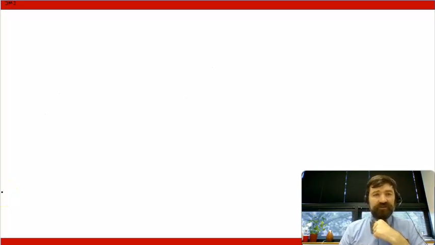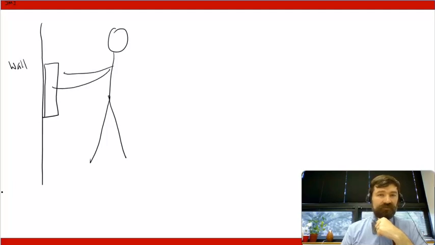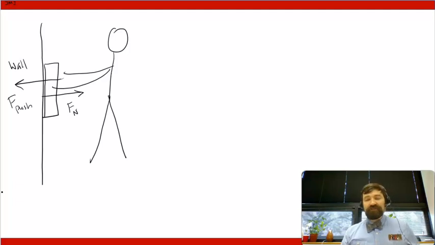Another situation, if you have something like a wall, so here's a wall, and you have an object that you have placed on the wall. If you press on this object, like so, and you apply an F push, then this wall is going to apply back a normal force that's equal to that pushing force.